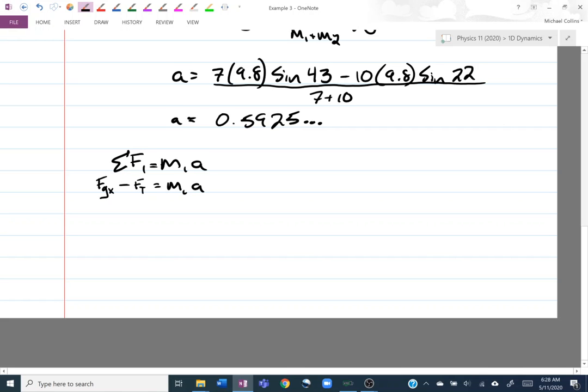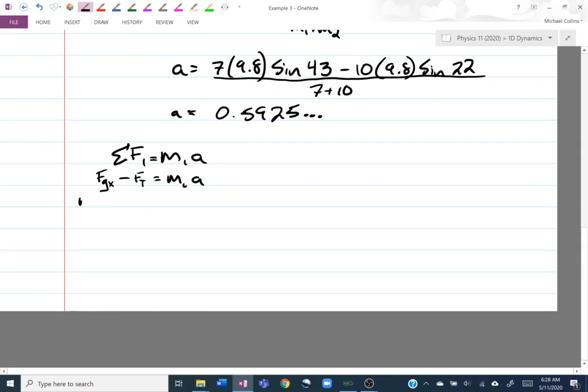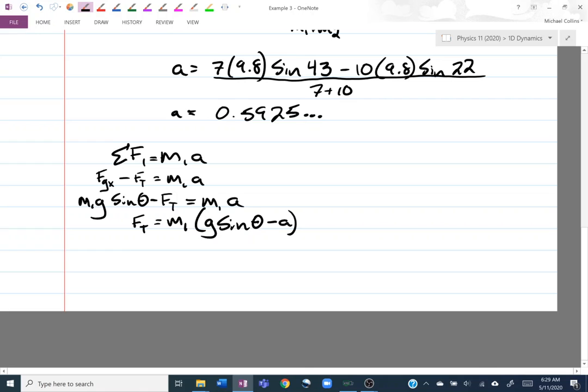My Fgx from up above is m1g sine theta minus Ft is equal to m1a. If I move some stuff around a little bit, I get that Ft is equal to m1 times g sine theta minus a.